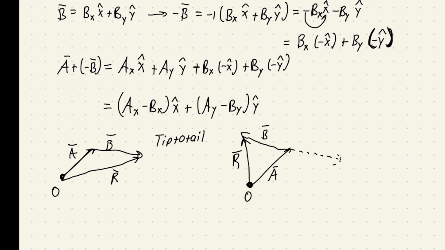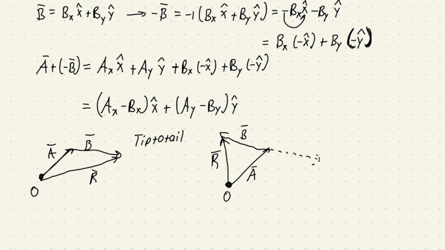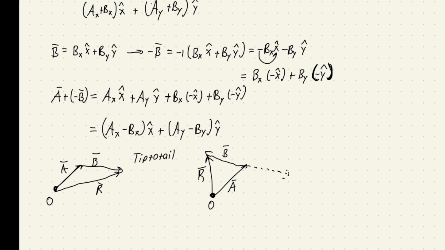So we can do graphical methods for addition and subtraction, but there's something that we can't really do well, and that's a graphical method for multiplication. And maybe we could do scalar multiplication. That would be something kind of intuitive, I guess, but for multiplying two vectors together, something different has to happen.